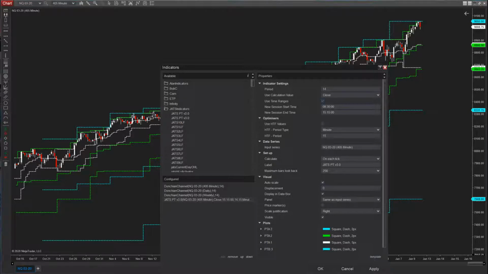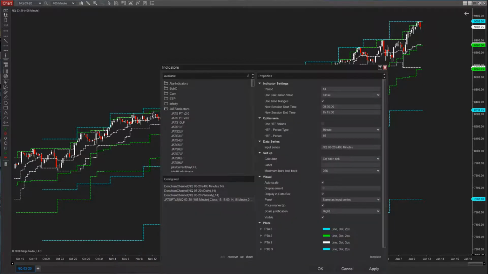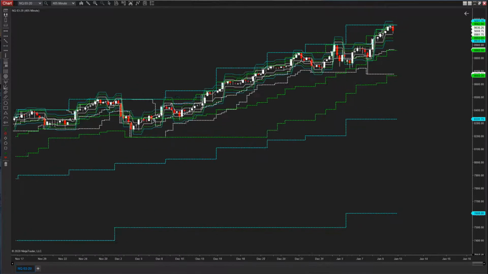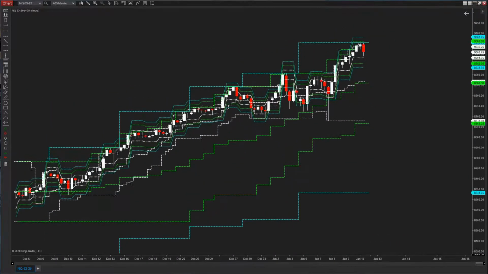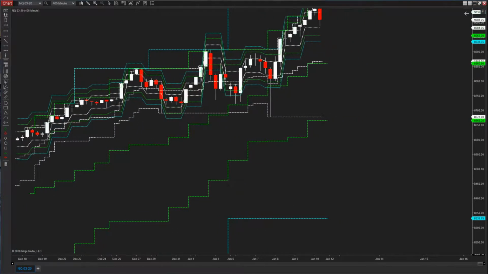So let's put some RTH targets up. I'm going to load my RTH target, equities RTH. Give me the dots so I can see where I am. And so coming in here, you can see the up and down levels pretty clearly.